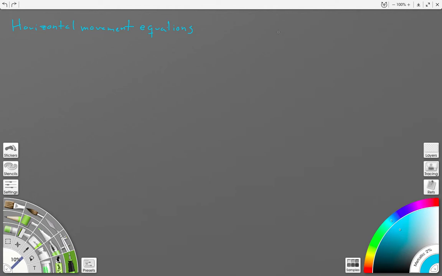Our horizontal movement equations are the same ones that we'll be using for the vertical movement, but in this case our acceleration will be 0.